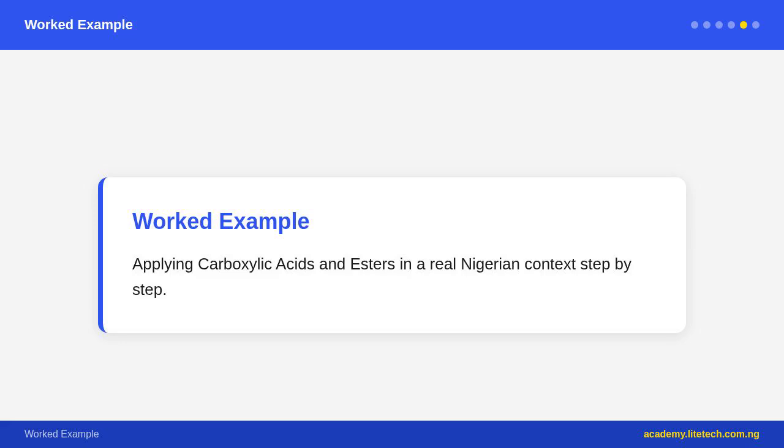Common mistake: confusing the order in naming esters. The alkyl group, from the alcohol, comes first, then the carboxylate, from the acid.